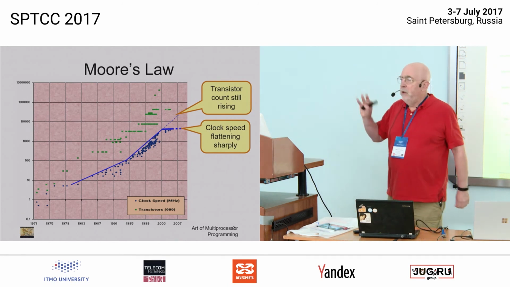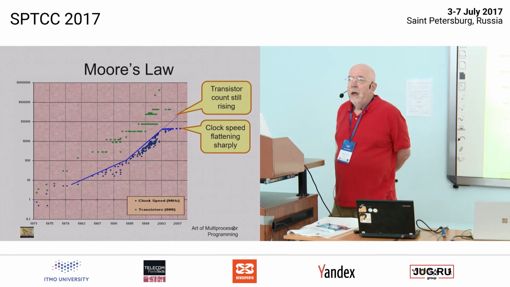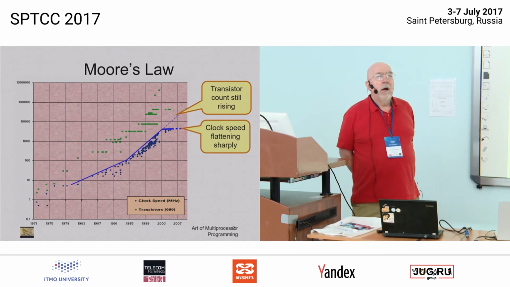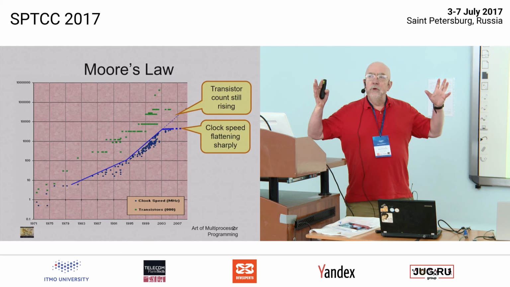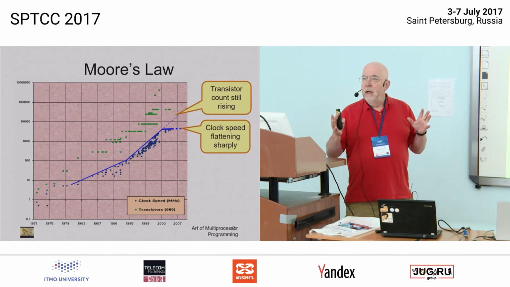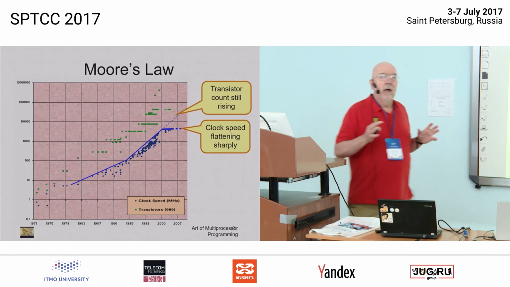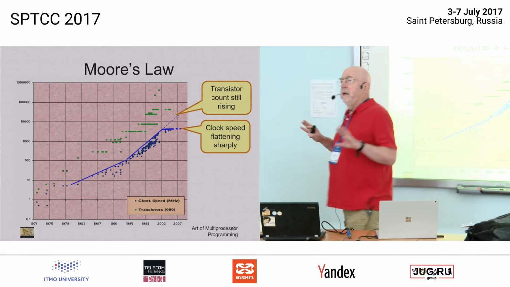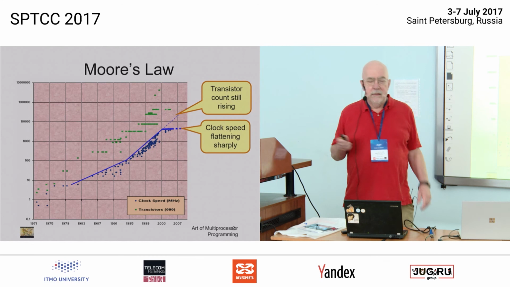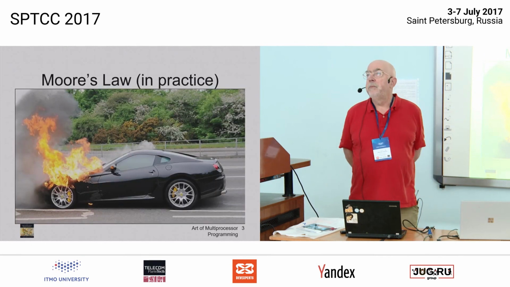Then around 2000, things started to change. It was no longer possible to make computers run faster. It was still the case that the transistors were getting smaller, but you couldn't make them run faster. Now, people who do electrical engineering can give you all kinds of technical reasons, but the actual reason is very simple.